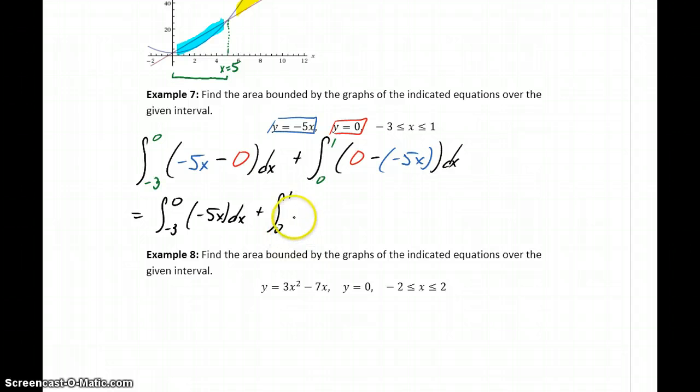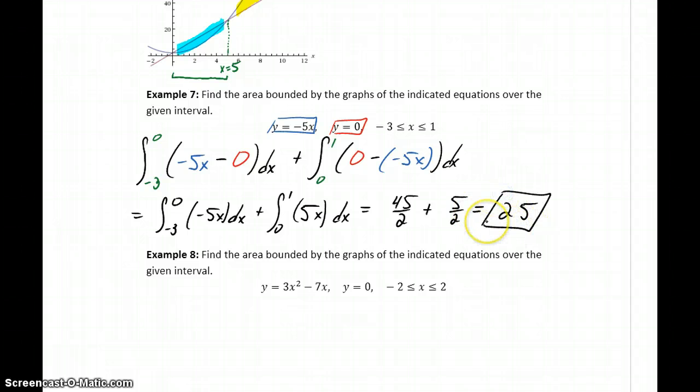So just cleaning up our integral, simplifying the two expressions a little bit. We can reduce this down to the two functions that we'll be integrating. Integrating this first function should give us a result of 45 halves. And then integrating the second function from 0 to 1 should give us a result of 5 halves, which would give us 50 over 2, or a total area of 25.